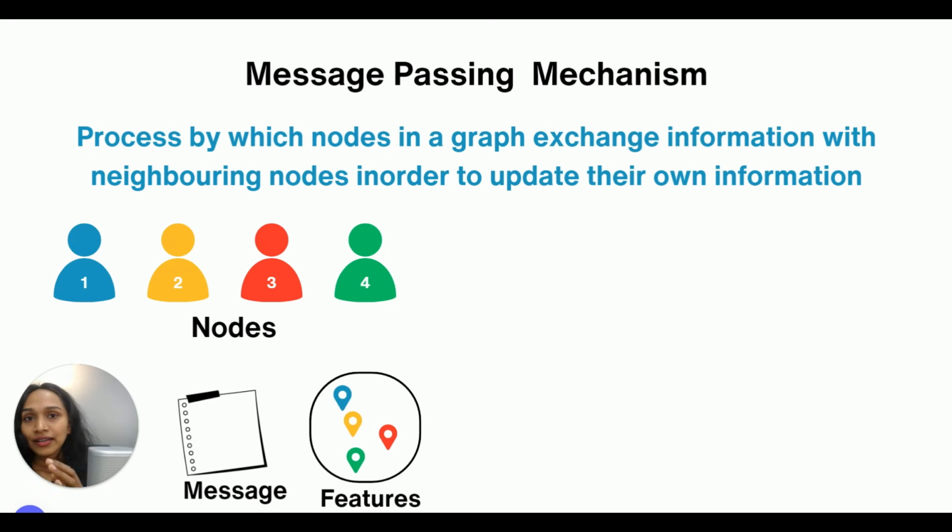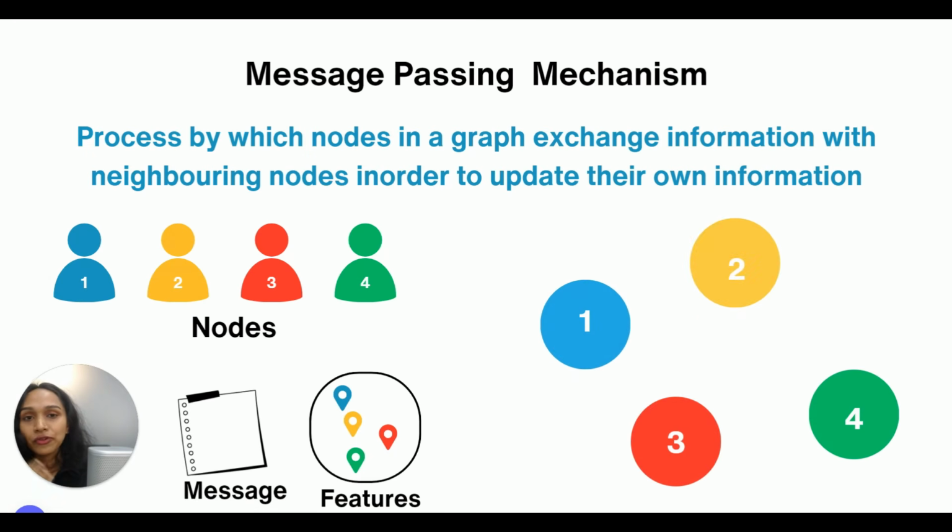Nodes in a graph pass their information to their neighboring nodes, and based on that, these nodes update their information. So these 4 friends are the nodes of this graph, and the paper being passed is the message function, and the destinations written on that paper are the features. So each node passes the message to the neighboring node, and based on the received information, the neighboring node updates its feature and passes it to the next neighboring node. This continues until all these nodes receive the information and they update their features.